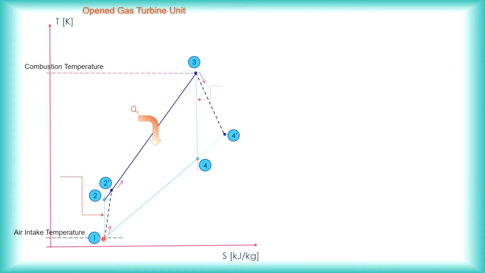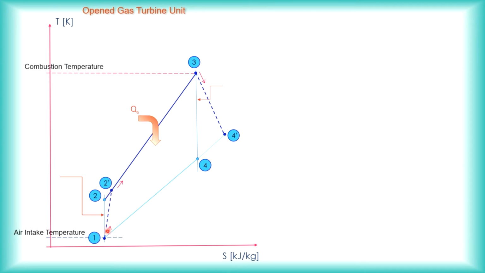Now, if we are looking at a gas turbine unit, it will start at point 1 and go through an irreversible compression to state point 2 prime. This is due to internal friction, which causes a certain amount of irreversibilities.